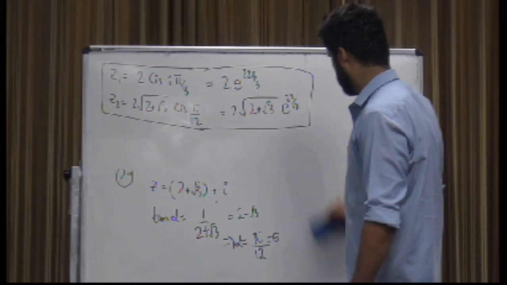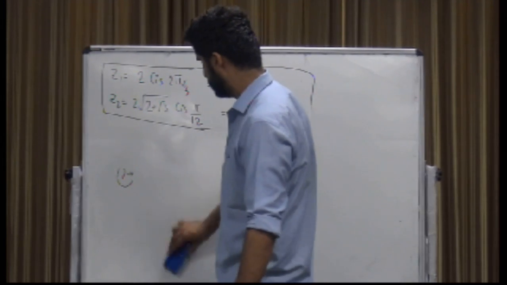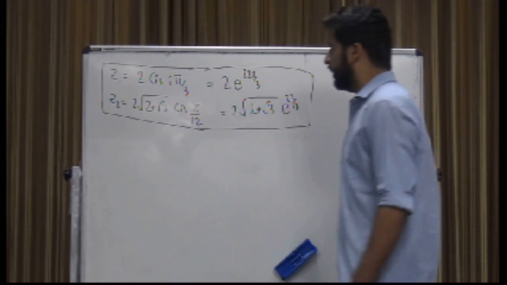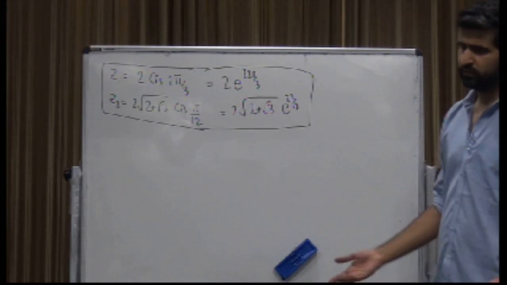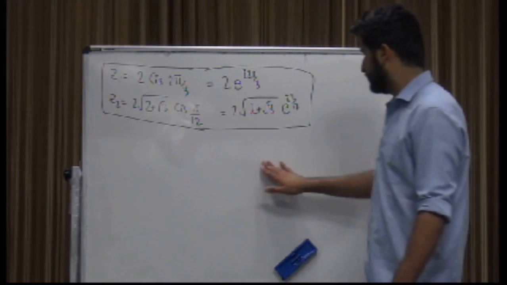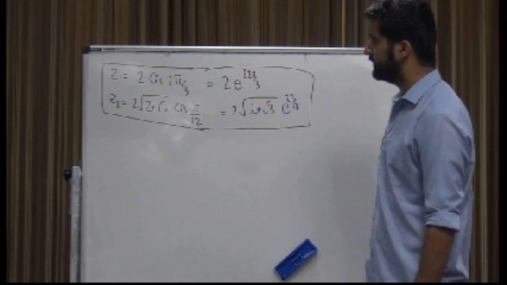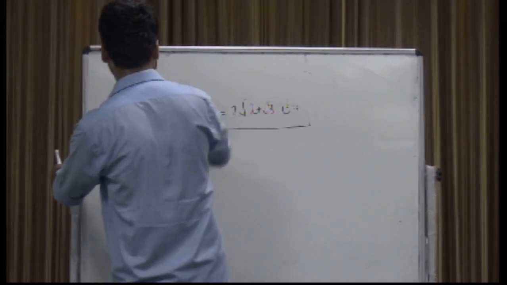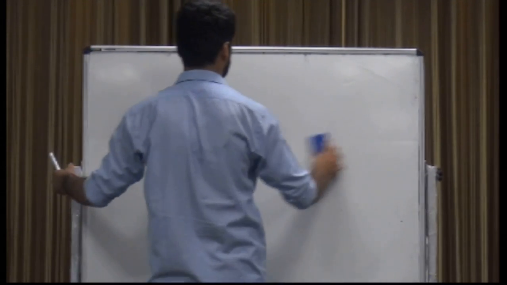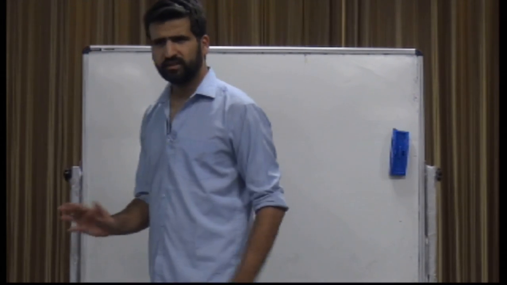So next part is, what if you have to multiply two complex numbers? Did we do that? Yes, sir. Multiplication and division. Okay. So after this, have you written this down? Yes, sir. Multiplication of two complex numbers we have done.